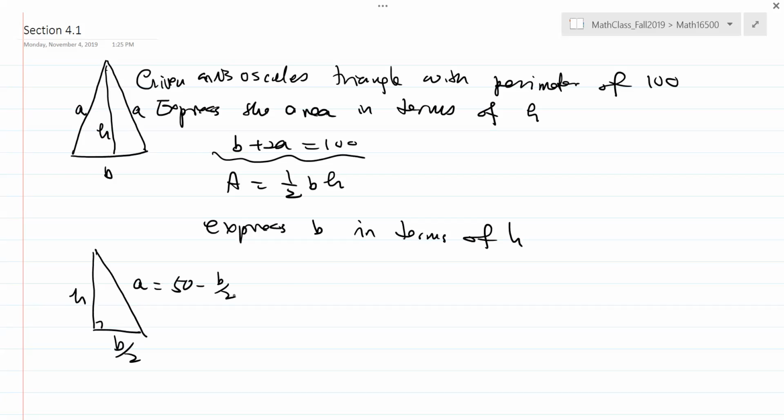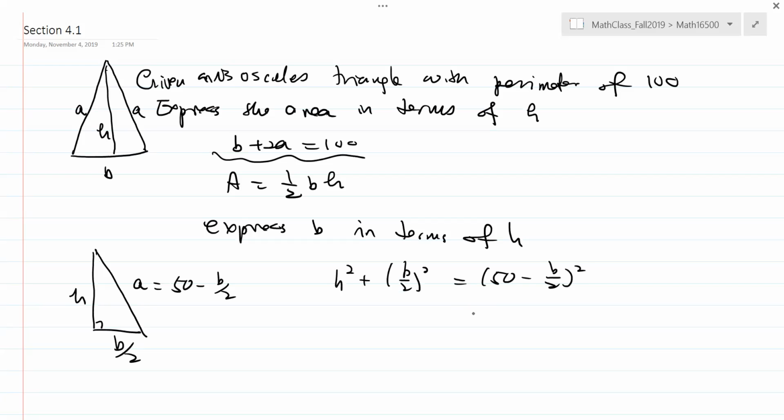So this is a right triangle, right? For the right triangle, you can apply the Pythagorean theorem. So how to do that? h squared plus (half of b) squared equals (50 minus half of b) squared. It's not too bad, right? Then you just need to find half of b.